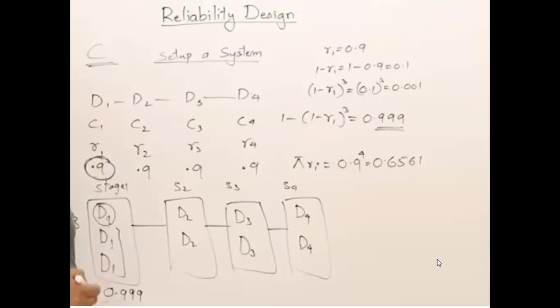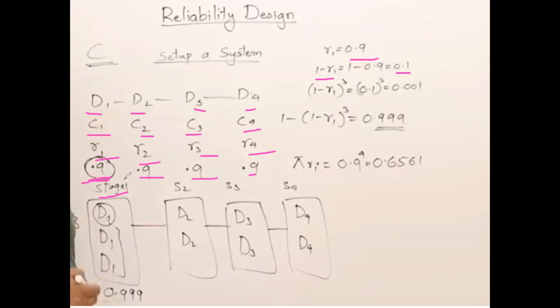Suppose we have a number of devices D1, D2, D3, D4. Each device cost is C1, C2, C3, C4. And each device reliability is R1, R2, R3, R4. So the maximum reliability is 0.9. So what is that particular D1 stage 1 probability of failure? It is 1 minus R1, that is 1 minus 0.9, 0.1.